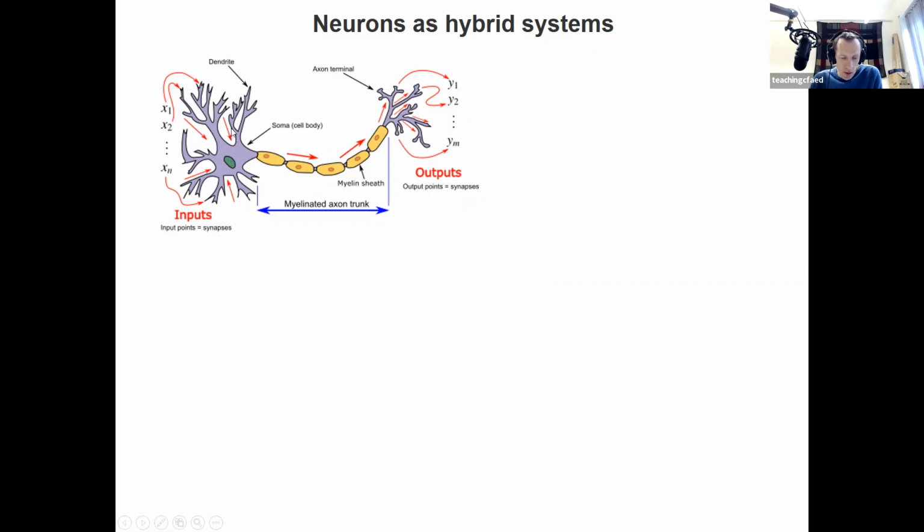Then it has a dendritic tree, or dendrite, where inputs are coming in. And the inputs are electrical pulses, and they're collected and flowing down the dendritic tree here.